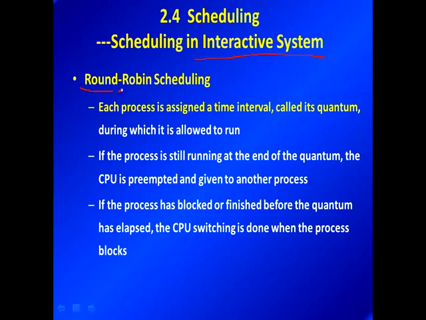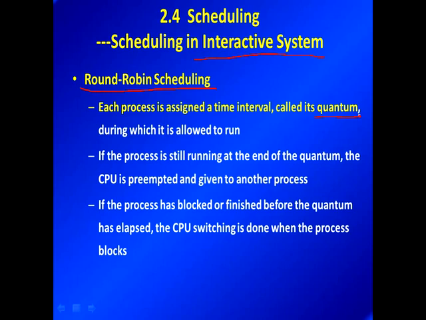Its basic idea is to allocate each process in the system with a fixed time slot, and we call it a quantum. So each process can get into the CPU and run for a quantum, and then it has to get out of the CPU to let the next process in the waiting queue run the next quantum.